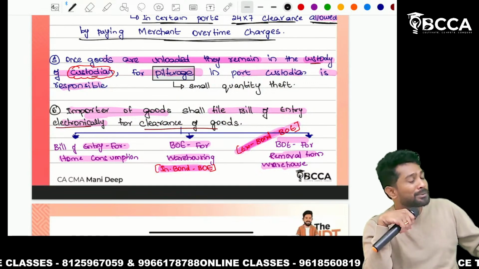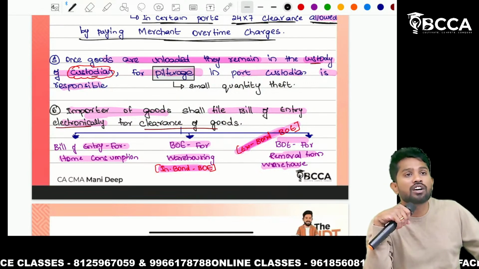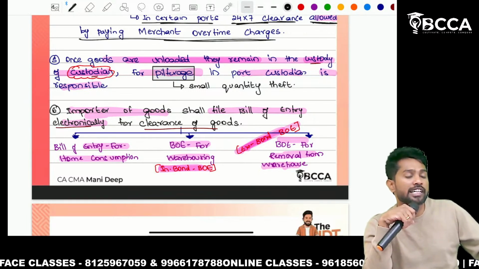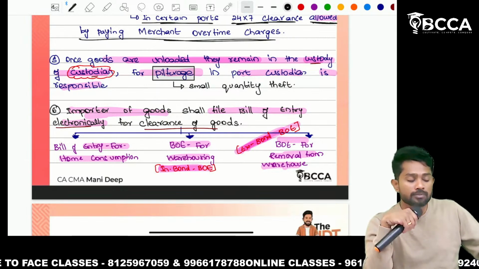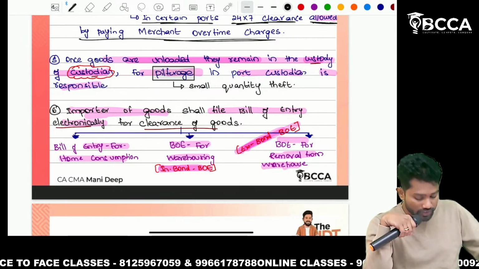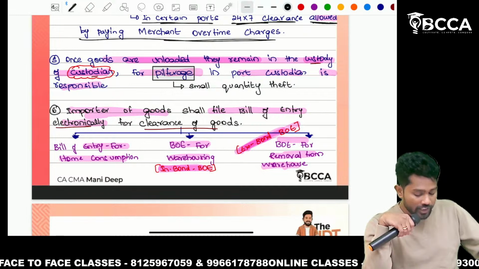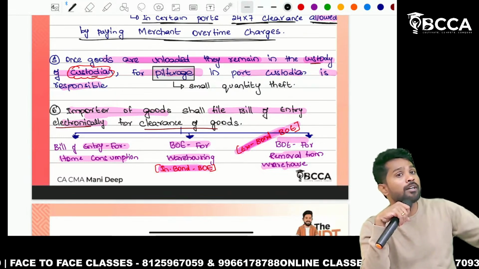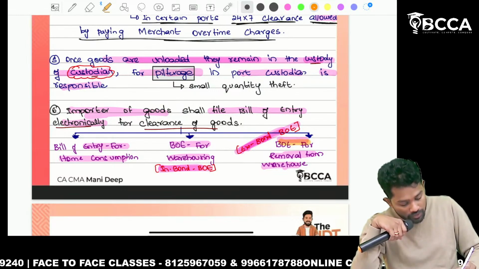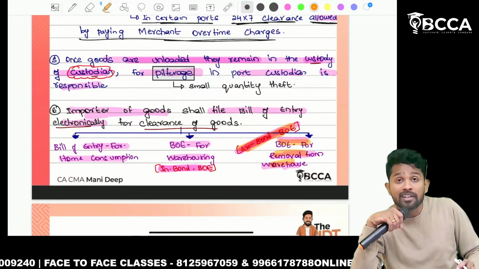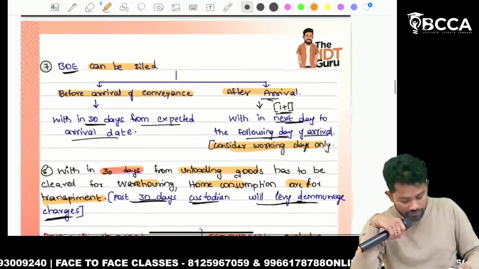The importer who has imported the goods shall usually file the bill of entry. The bill of entry is of three types: bill of entry for home consumption, bill of entry for warehousing, and bill of entry for removal from warehouse. For warehousing, you file an in-bond bill of entry. For removal from warehouse, you file an ex-bond bill of entry.